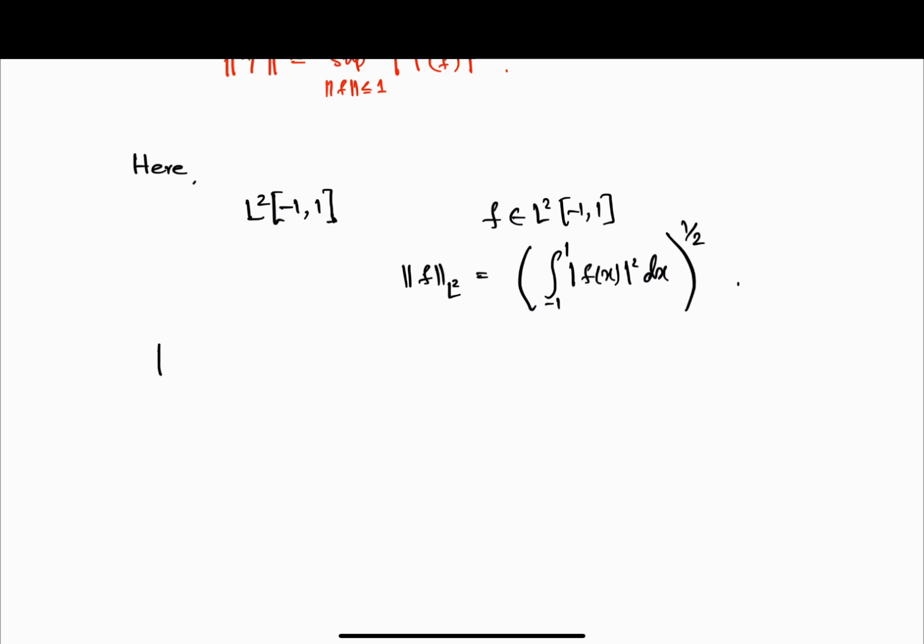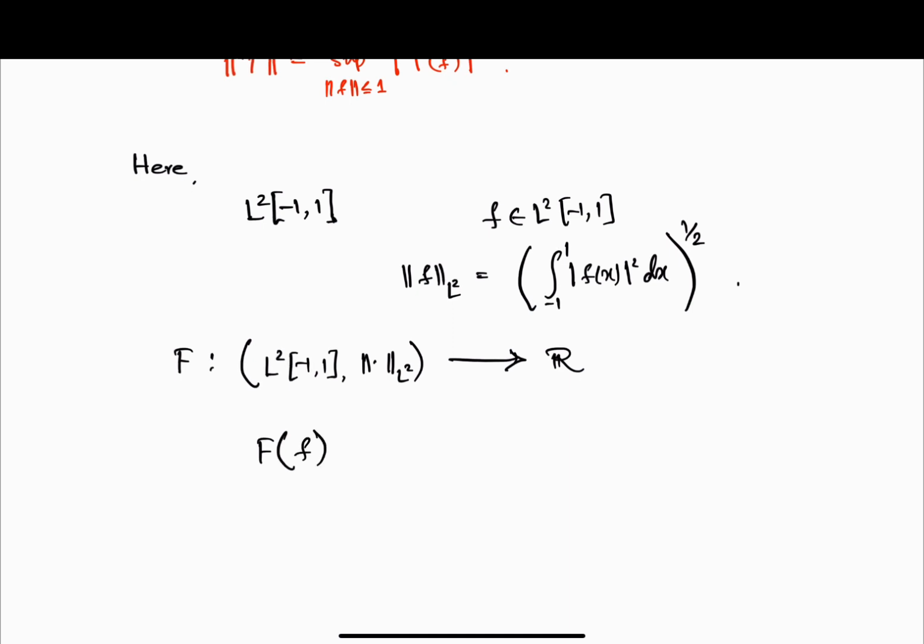And how is the linear functional defined? Capital F is a linear functional from L2 of minus 1 comma 1 with respect to this norm to R. This is because this is a functional. And how is it given?